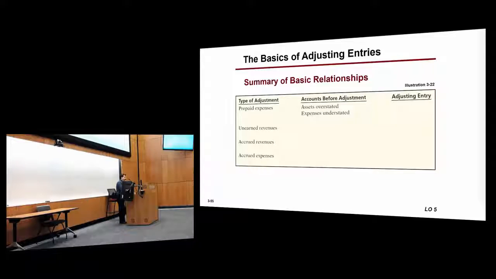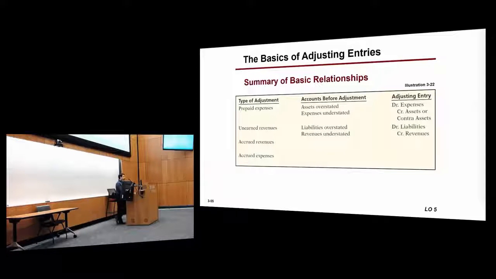You need to decrease assets, so we credit assets and we debit expenses. If it's equipment or anything depreciable, we use accumulated depreciation. We use the contra assets. When we have unearned revenues, liabilities are overstated and revenues are understated. You need to recognize the revenue and say that now we have less unearned revenue. You debit the liability and you credit revenue.